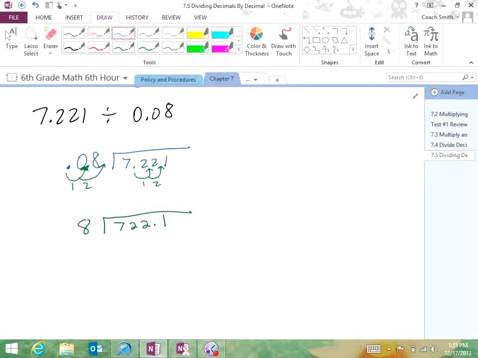Now, does 8 go into 7? No. So 8 into 72 goes 9 times.